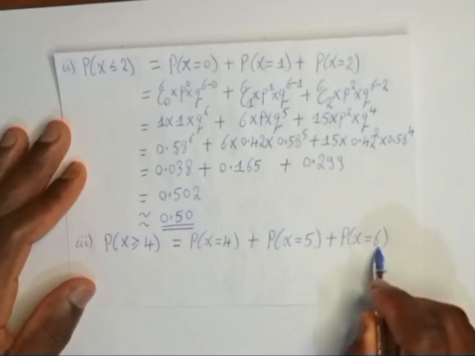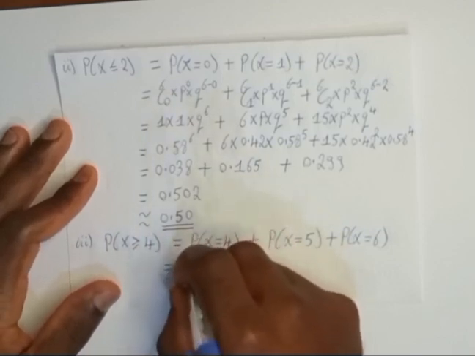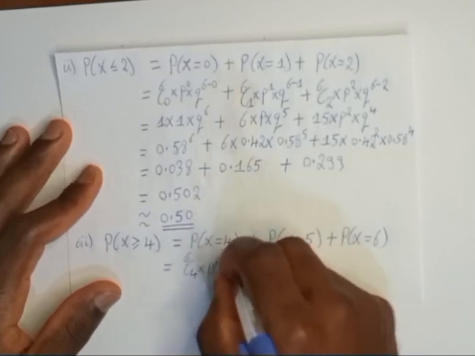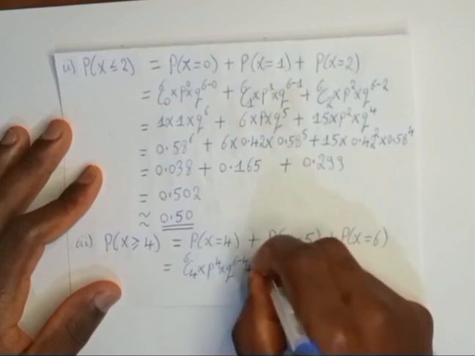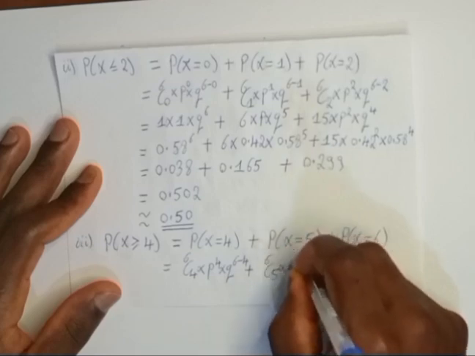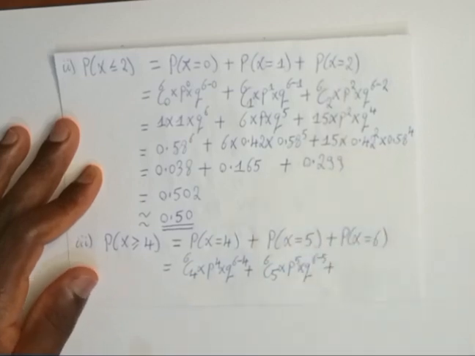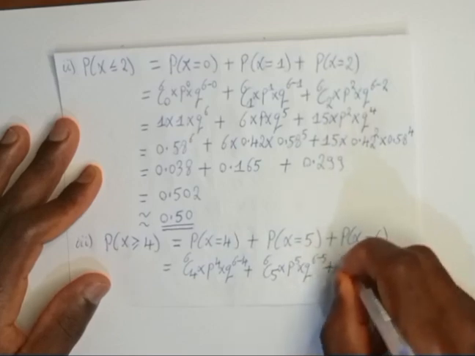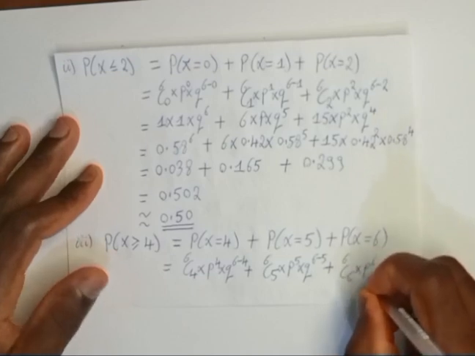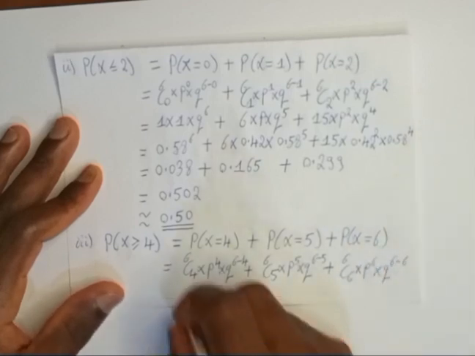Remember, we calculated P(X = 6) in question 1. So this will give us 6 combination 4 times p to the power 4 times q to the power 6 minus 4, plus 6 combination 5 times p to the power 5 times q to the power 6 minus 5, plus 6 combination 6 times p to the power 6 times q to the power 6 minus 6.